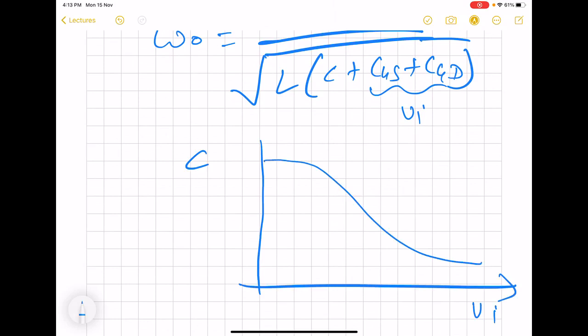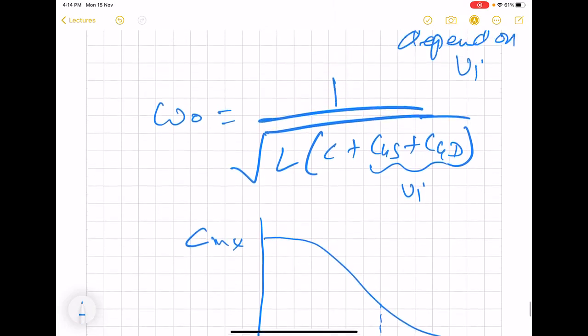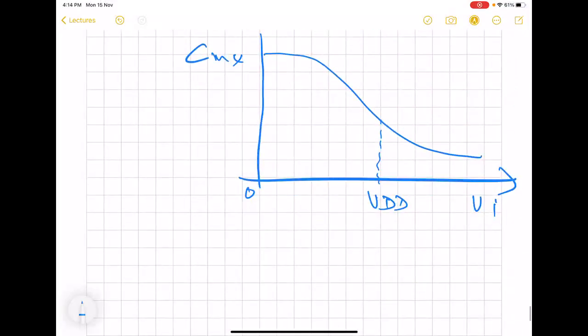So this is going to be the C maximum that we will obtain. And this VI typically can be varied only up to VDD, because the maximum voltage on the other side is VDD. So this much variation of capacitance we can achieve.